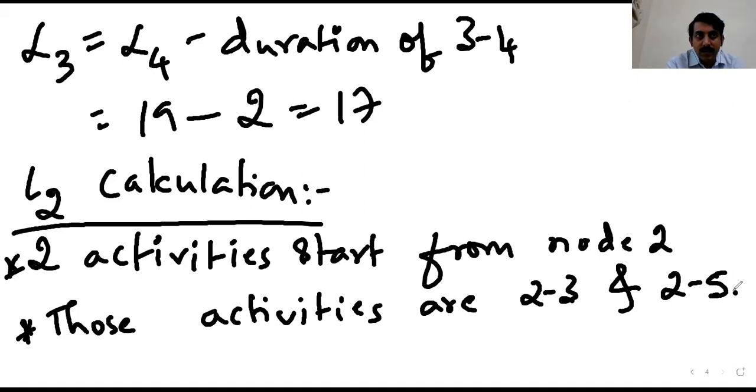In the previous calculations, for the early start and early finish, we considered the maximum value out of the two different equations. Now we have to consider the minimum value. So this is how we are supposed to solve this problem. Everything will be reversed in latest start, latest finish calculation.